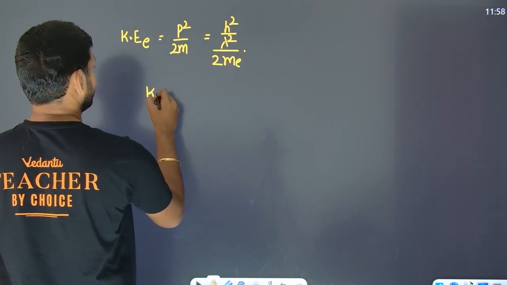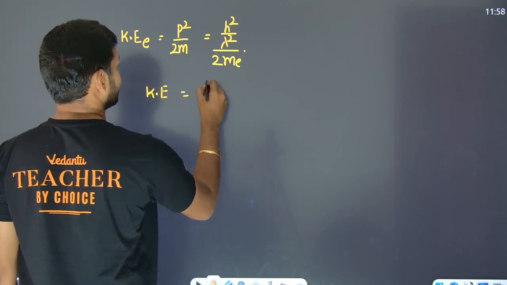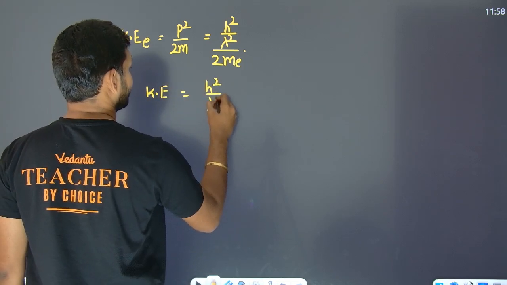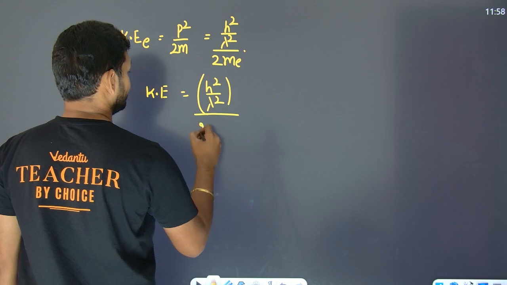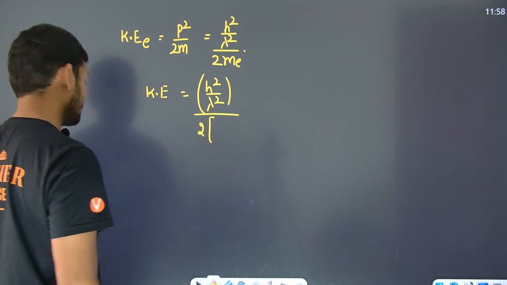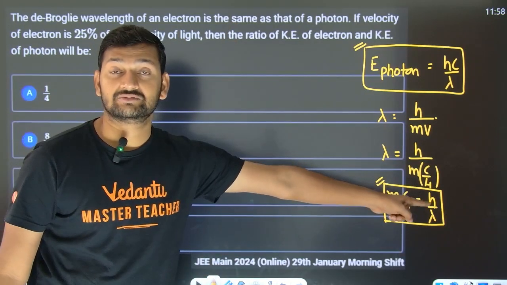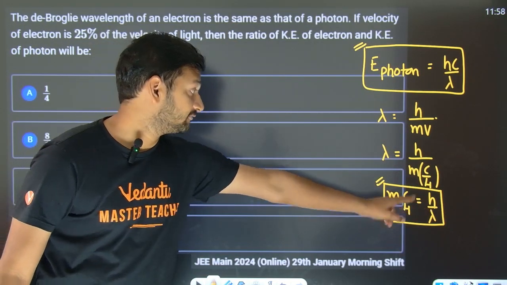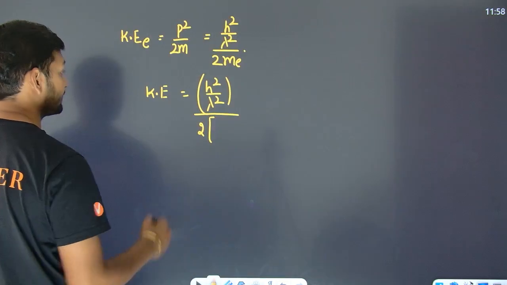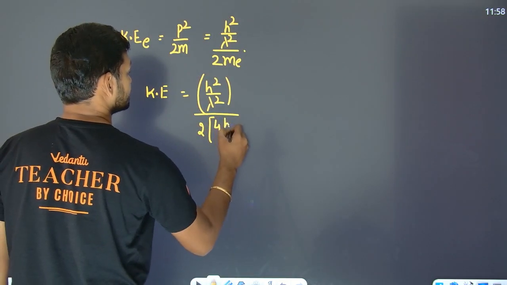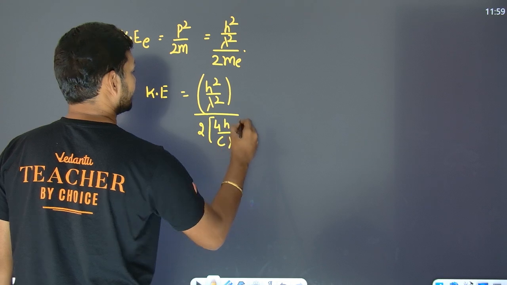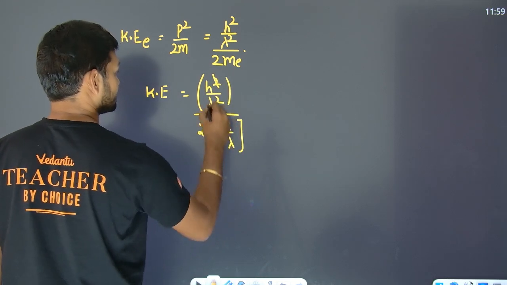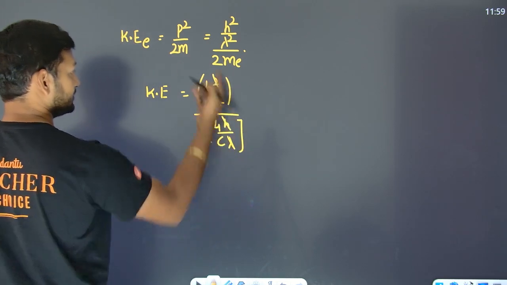So the KE can be written as what? h square by lambda square divided by 2 times, what is the mass of the electron? h by, or you can say 4h by c lambda. 1h, 1h, 1 lambda, 1 lambda. Now the c goes up.